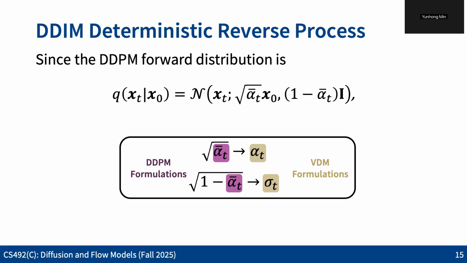But in the definition of the variational diffusion model, this should be the alpha function, and this should be sigma squared. So the square root of alpha bar in DDPM becomes the alpha function in the VDM formulation, and the square root of 1 minus alpha bar is the same as the sigma function. So don't get confused with these very confusing notations.